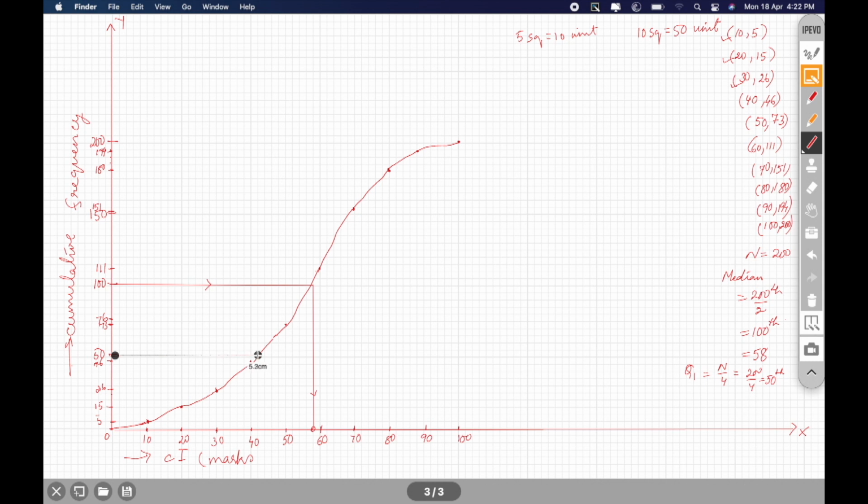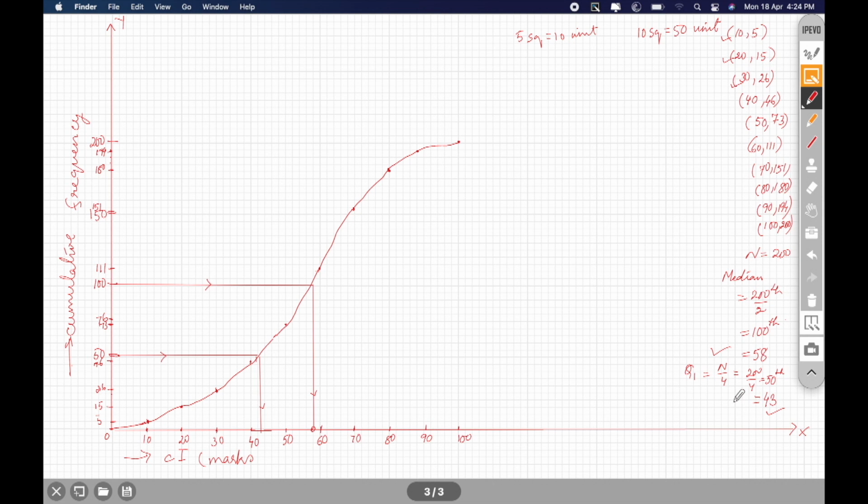So if we draw a line parallel to the x-axis and then drop it down, I can see Q1 is very close to 44, but not 44 here. I am writing it as 43. So we found the median as 58, the lower quartile as 43.